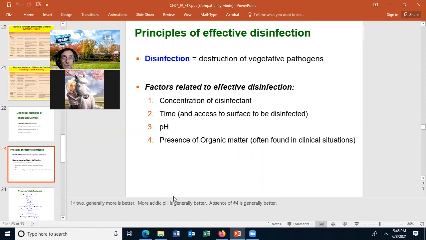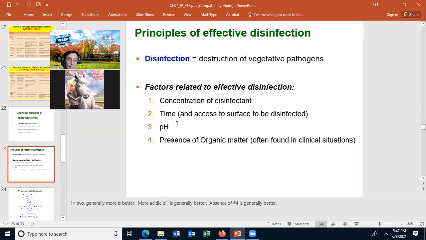All right, the principles of effective disinfection. Disinfection is the destruction of vegetative pathogens. And there are various factors related to how effective the disinfection will be. So when we're treating something with a disinfectant, destroying the vegetative pathogens, the concentration of the disinfectant will be one of the factors related to how effective the disinfection will be.